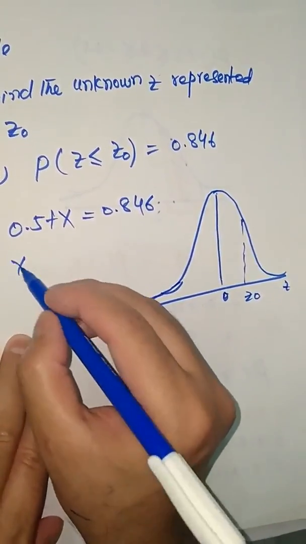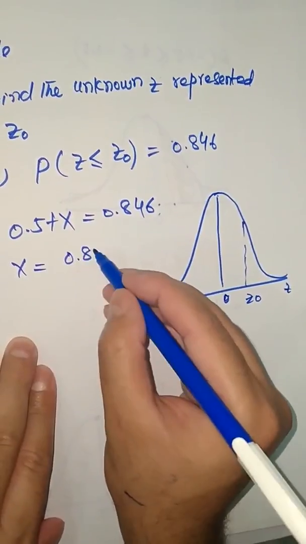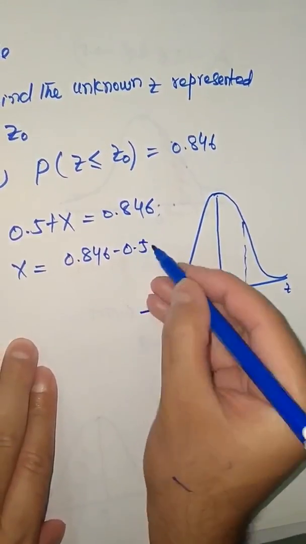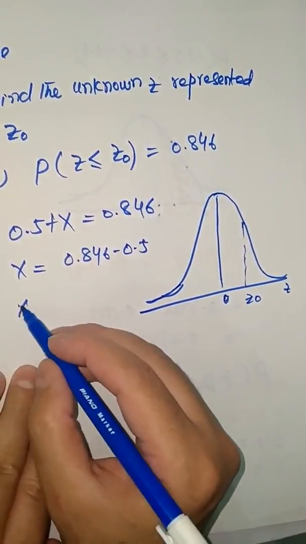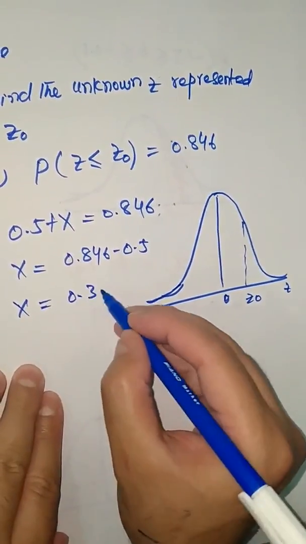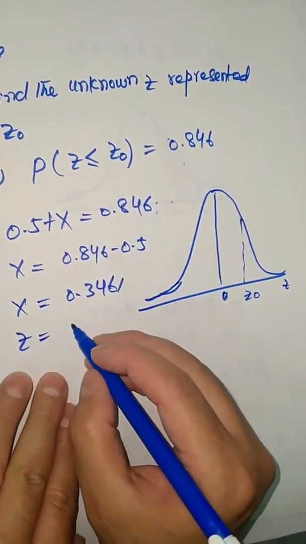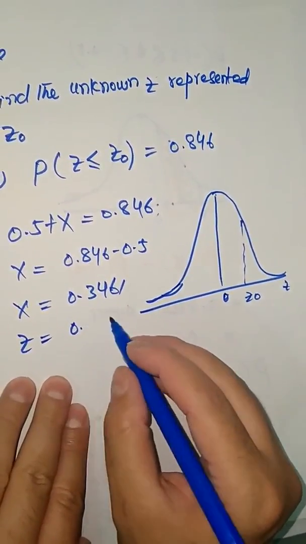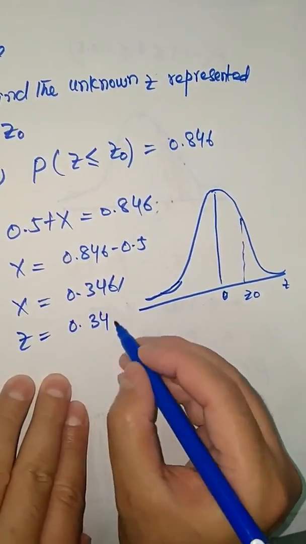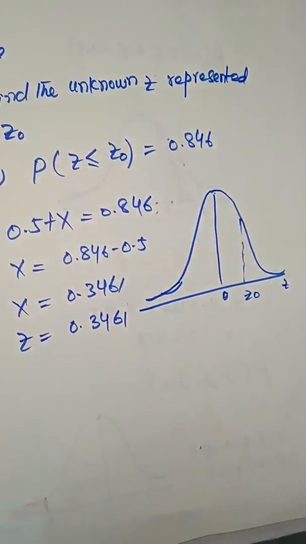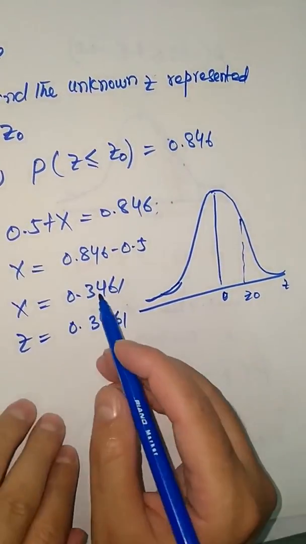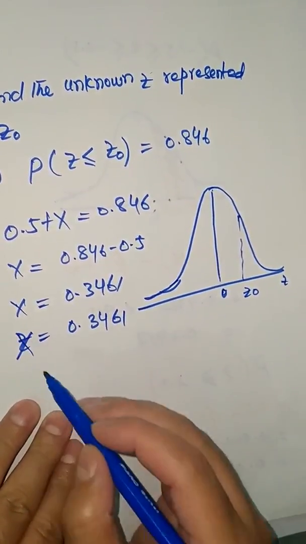So x is equal to 0.846 minus 0.5, that is equal to 0.346. Hence z naught is... sorry, x is equal to this.